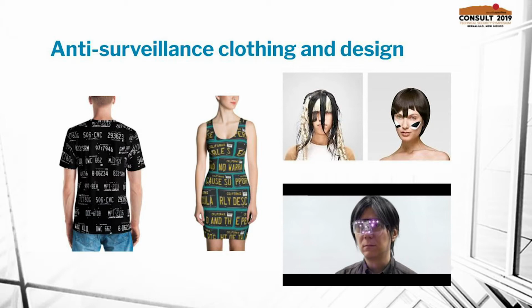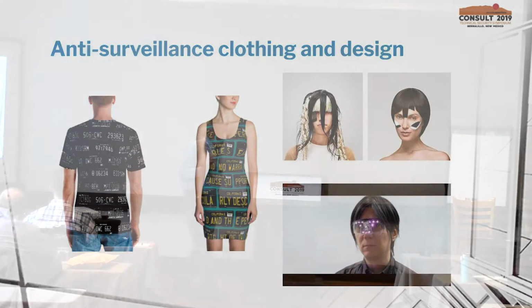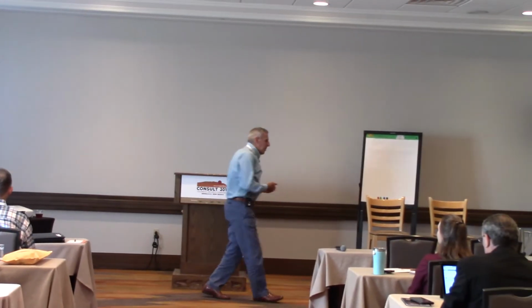I don't know if people are familiar with anti-license plate reading dresses and clothing that you can wear, right? This is makeup that defeats facial recognition. These are facial recognition glasses that don't have you run afoul of the fact that a mask is illegal in some places, right?